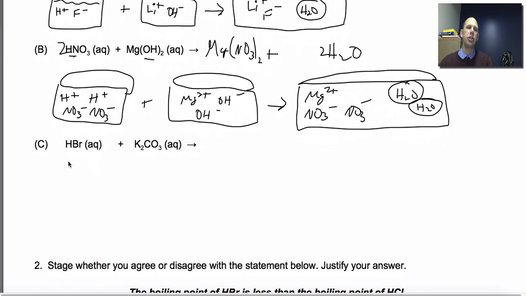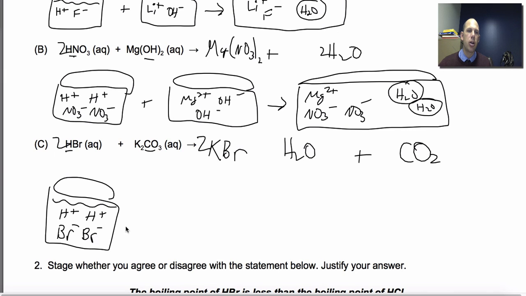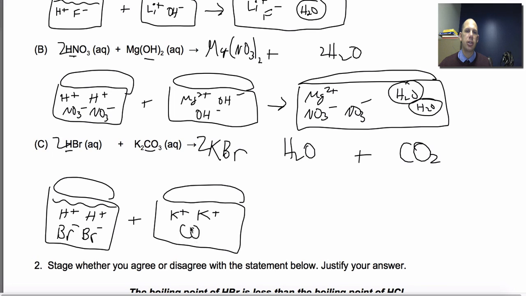All right, last one, HBr. Now the H and the CO3. We know here we're going to make H2O plus CO2, and K is plus 1 and Br is minus 1. I'm going to balance that reaction by doing this. H plus, Br minus, plus, K plus, CO3 2 minus.